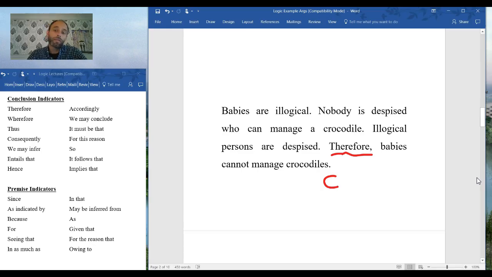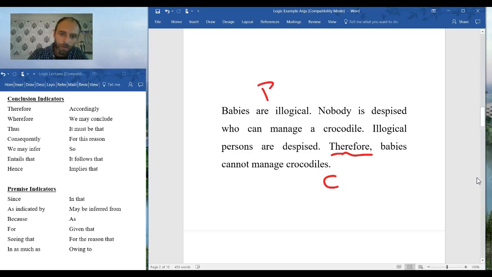So then let's see if the rest of the information in this passage can be thought of as reasons to support that conclusion. So babies are illogical. That would give us some support that they can't manage crocodiles. Nobody's despised who can manage a crocodile. If we fit that premise together with the other information, that illogical persons are despised and babies are illogical, all of those together will provide support for the conclusion that babies cannot manage crocodiles.